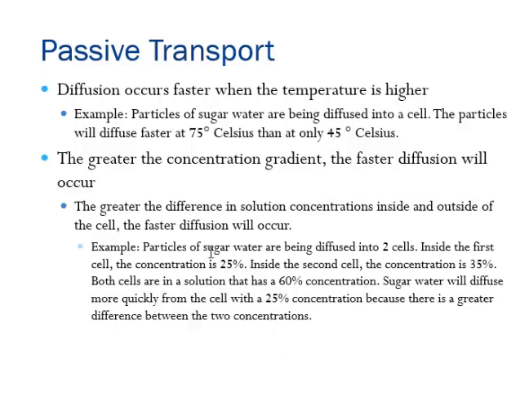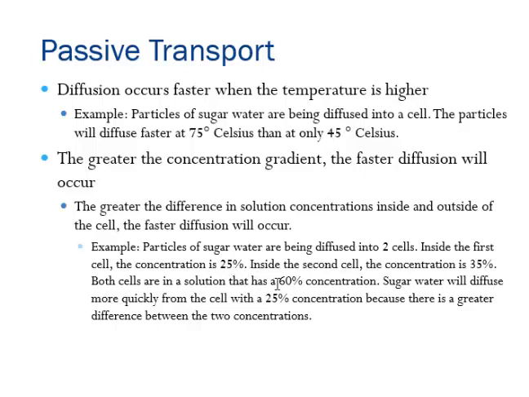Example: you've got particles of sugar being diffused into two cells. Inside the first cell, the concentration is 25, and the second is 35. The gradient is relatively slight. Well, forget the gradient between the two. Both cells are in a solution that has a 60% concentration.